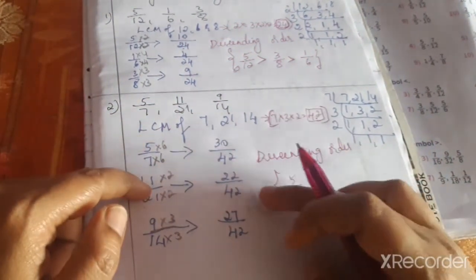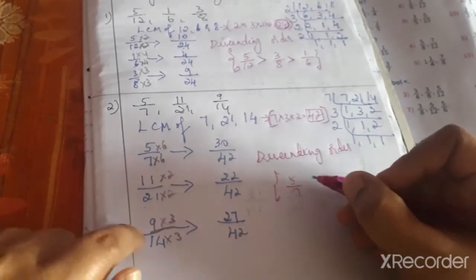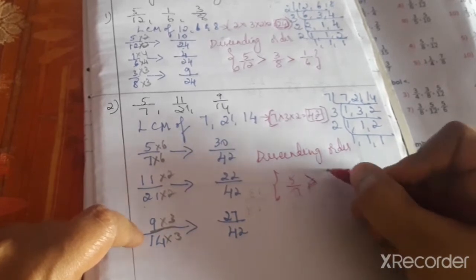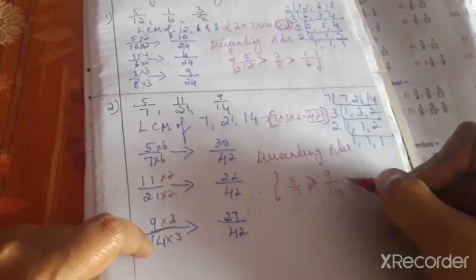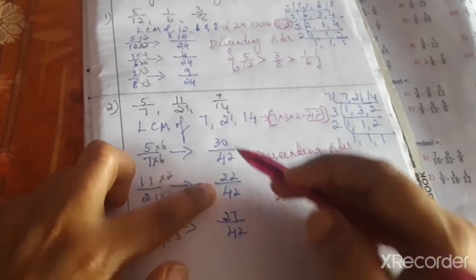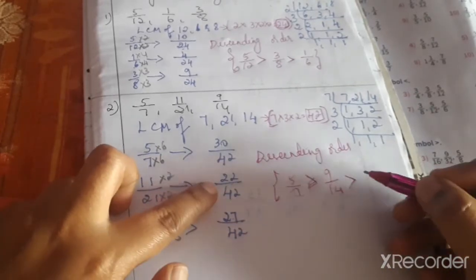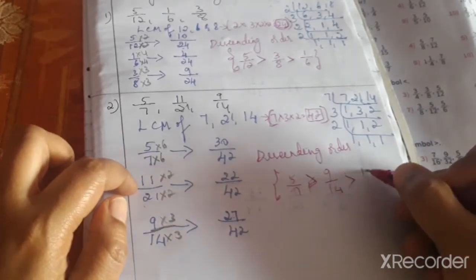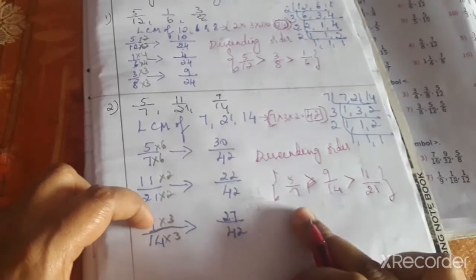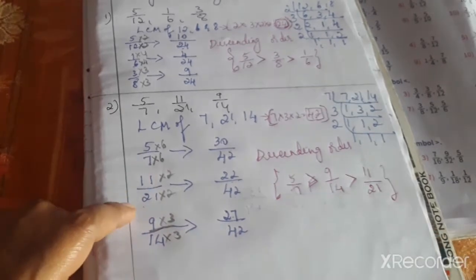Then the next decreasing is 27 by 42, that means 9 by 14. Then next decreasing is 22 by 42, which means 11 by 21. So 5 by 7, 9 by 14, 11 by 21 is the descending order.